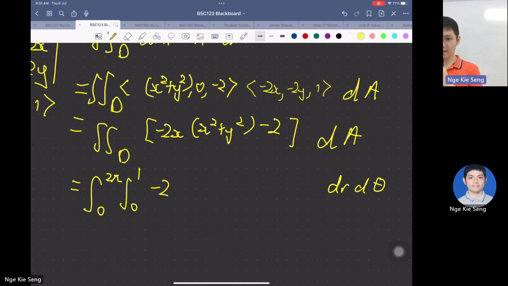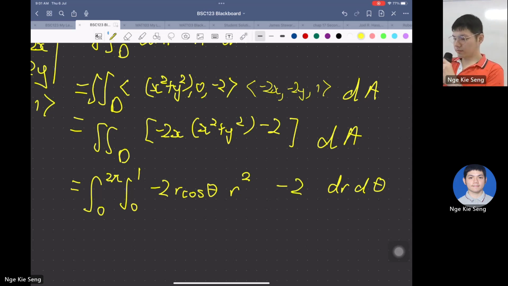What can we sub? x is r cos theta. x squared plus y squared is just r squared. And then minus 2.